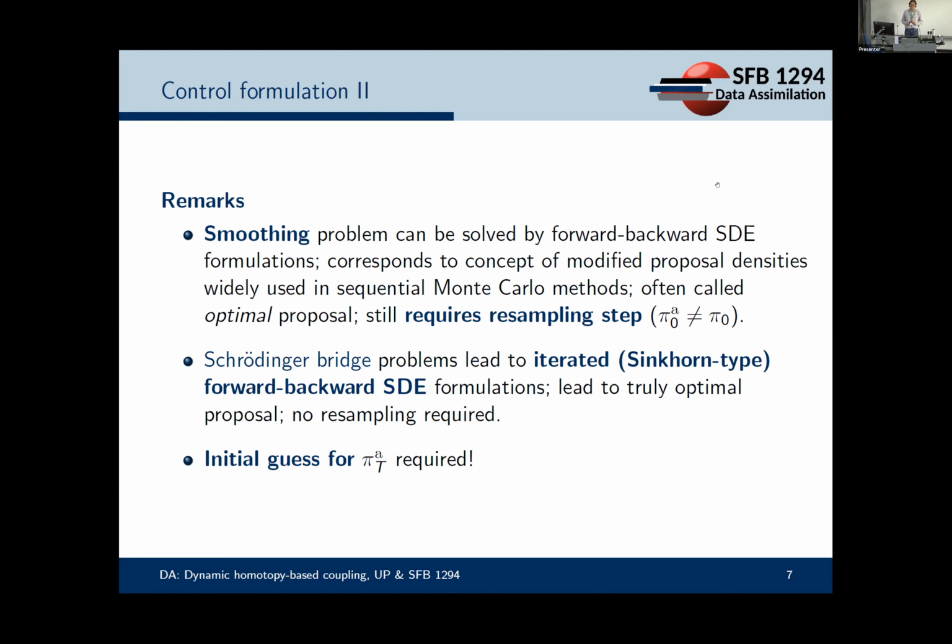But the real catch with this whole thing is that, even if you were to do this very efficiently, the big problem is that all this assumes that you already know what the analysis at time capital T is, or you already have a good approximation, because it's like a shooting method, and you have to have a good first go at it.